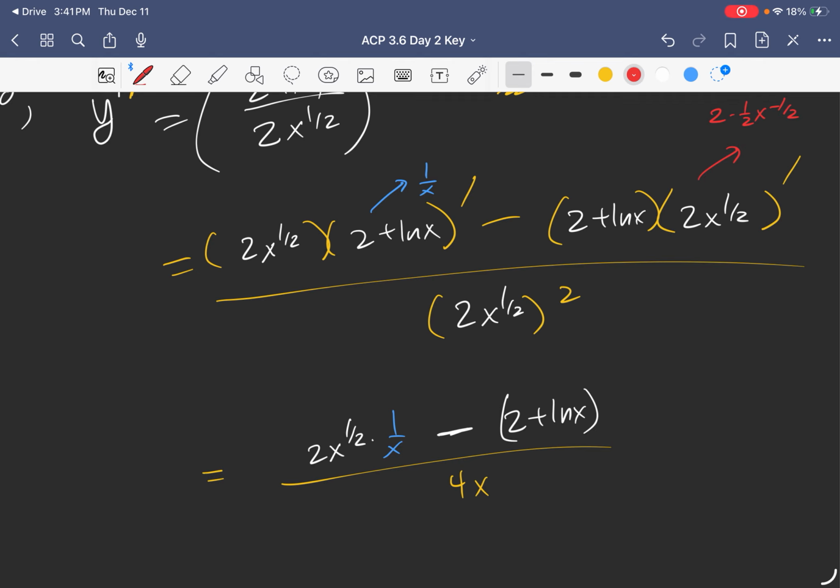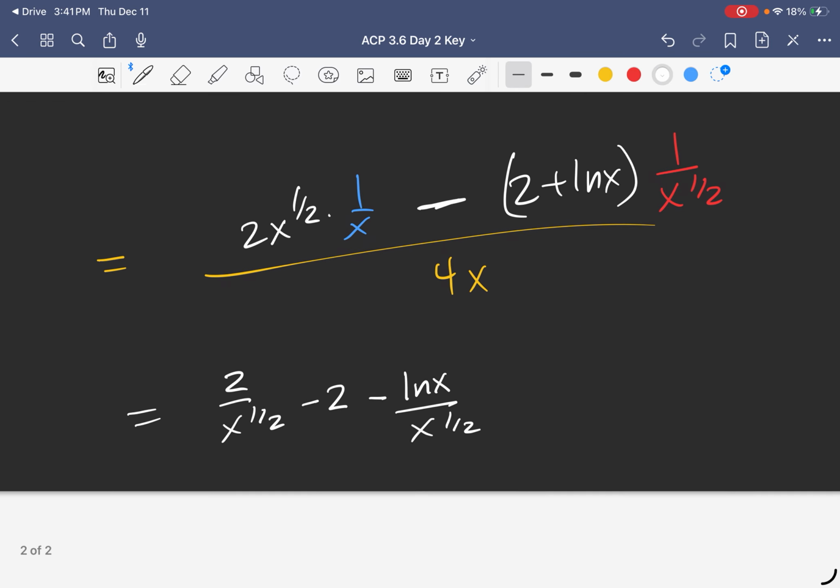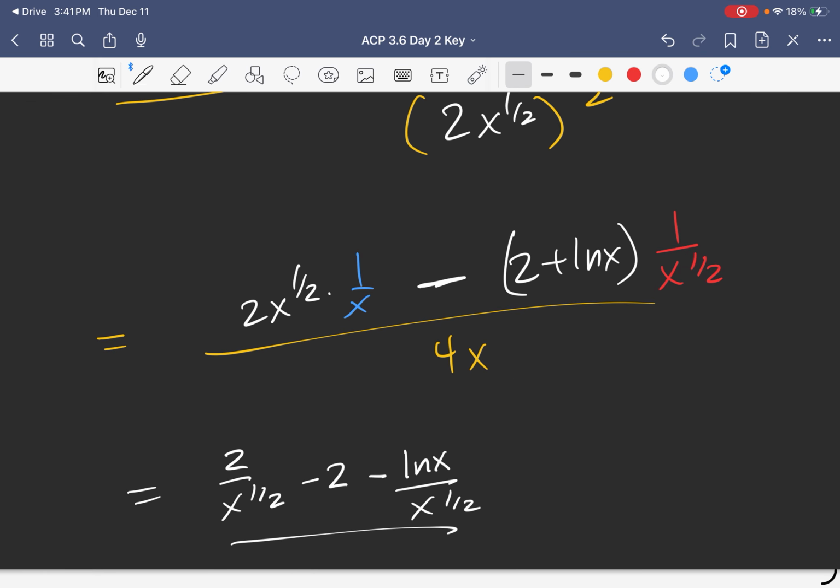So that should just end up being 1 over x to the 1/2. Yep. And so what that's going to give you is 2 over x to the 1/2 minus 2 plus natural log of x over x to the 1/2. All that stuff over 4.